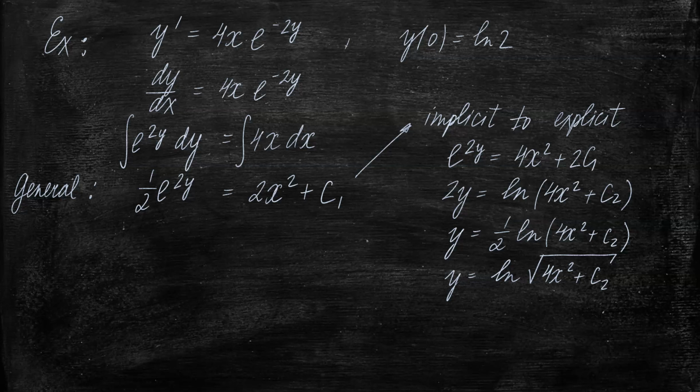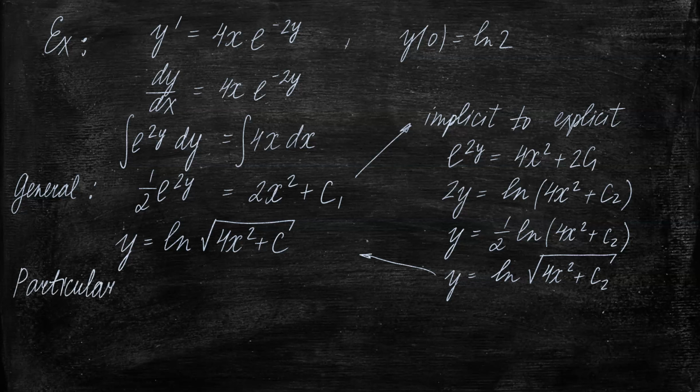So let's take this back over here. Now we still have our general solution, but now we have it in explicit form. And one last thing is we need to find the particular solution that satisfies the initial condition, and we're going to do that by plugging in 0 for x and ln 2 for y.